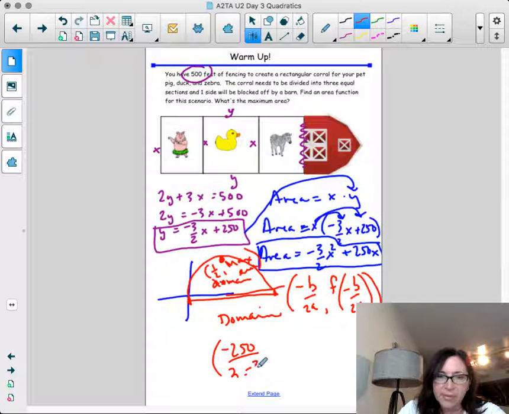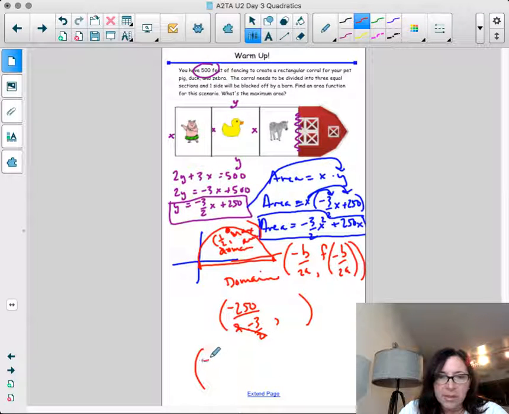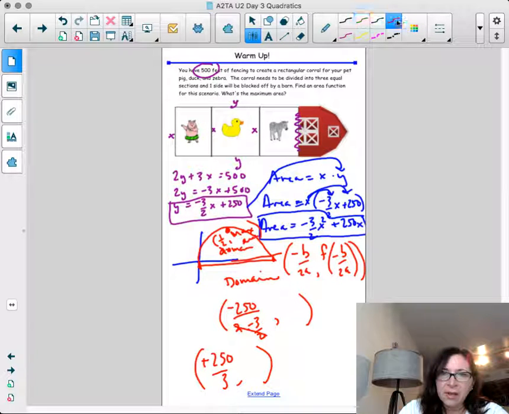That's 2 times negative 3 halves, and then, of course, 2's cancel. So we have 250 divided by 3. Then we have to find the other value here. Setting that up, you have negative 250 divided by negative 3 makes positive 250 divided by 3. And then you're going to plug that back in to this equation right here. I'll set that up for you, and you can finish that at home.